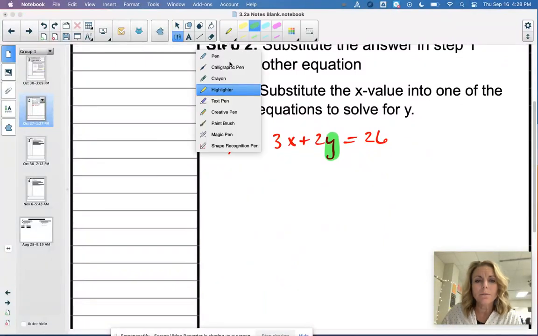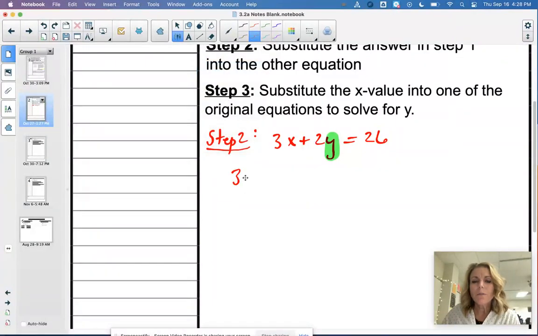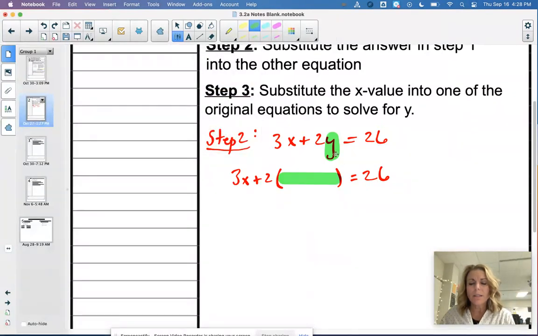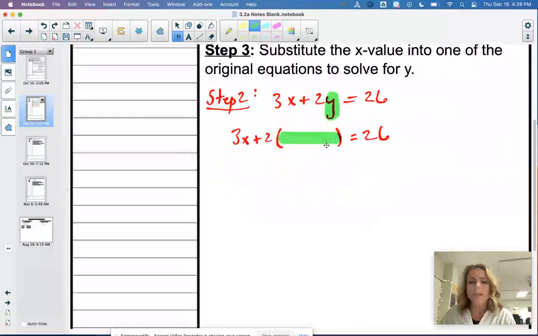So we have 3x plus 2. And remember, whenever we substitute, we use parentheses. What I'm plugging in there is the 2x minus 1.